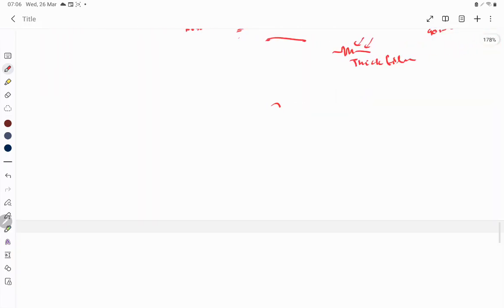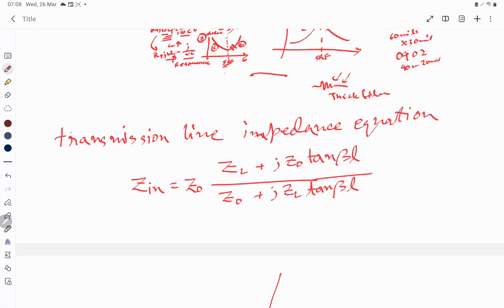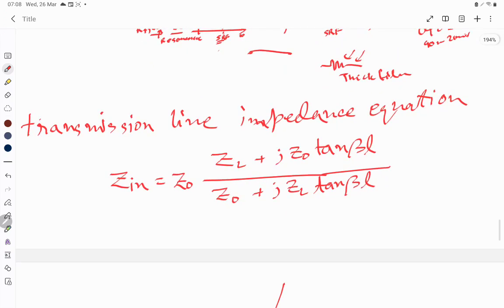To complete this discussion, we shall also talk about one more thing, which stems from the transmission line impedance equation. We shall not derive the equation here.